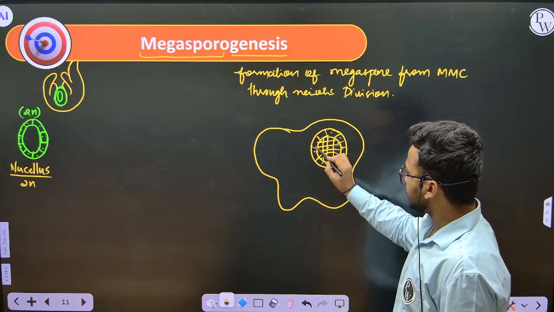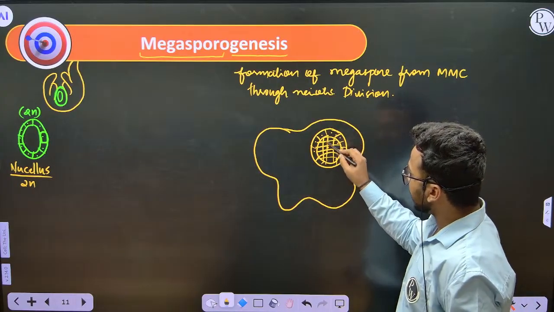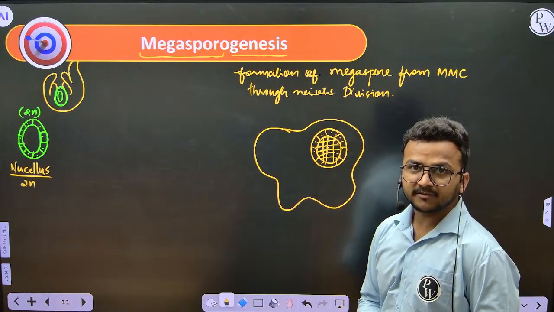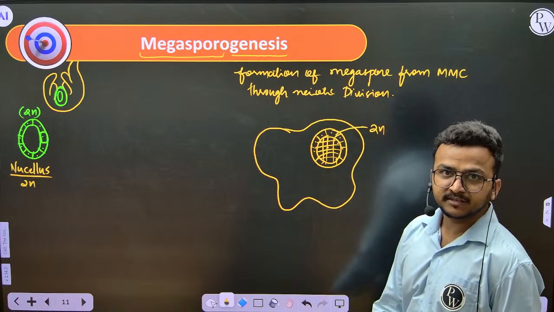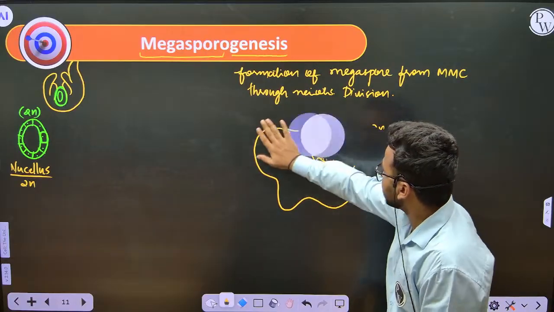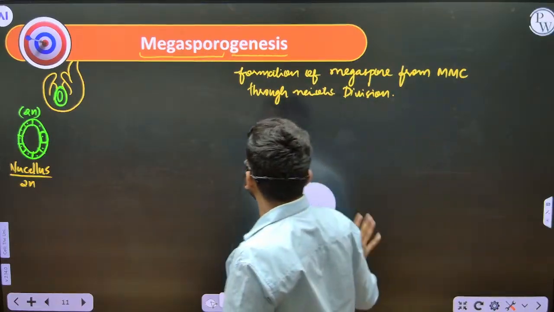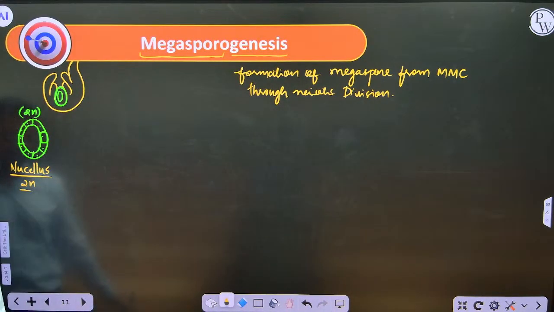Tapetum cells are rich in food reserve material, which helps in nourishing the development of the pollen grains. These tapetum cells are also diploid. The same case here: the nucellus cells are in diploid condition.